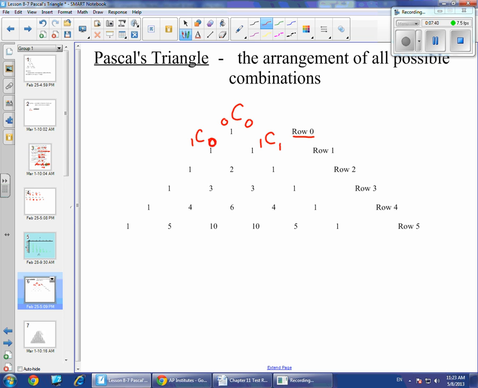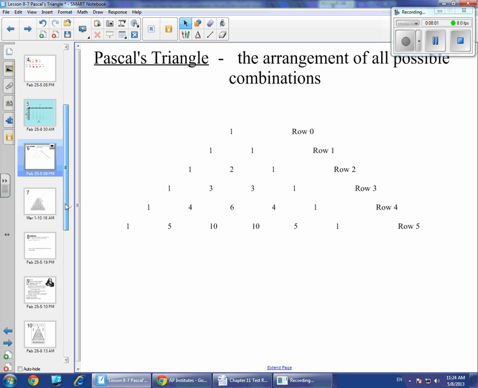Row 2 comes from 2C0, 2C1, 2C2, and so on. And we just work our way down. So these numbers make up Pascal's triangle, and there are some more patterns to these, and we'll get to those patterns in just a little bit.